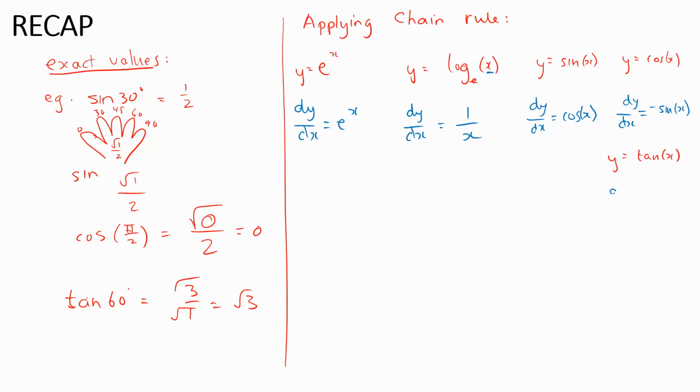And then finally, dy dx, or derivative of tan of x, is what? Can I please have Rex? Tan of x. What is the derivative? Yeah, sec. Sec squared of x. But what is sec? What's the definition, David?